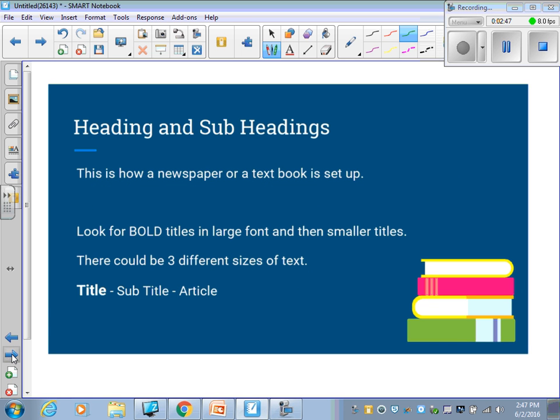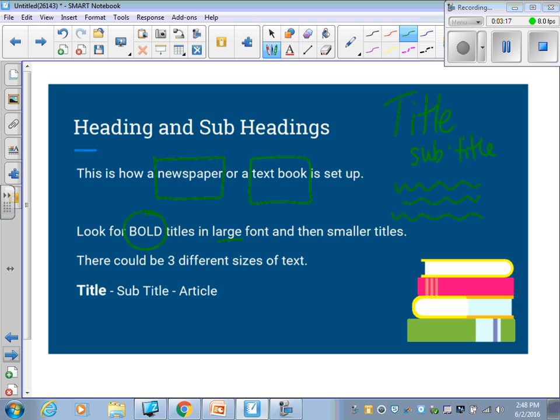We have headings and subheadings. This is another organizational tool, and this is how you're going to see a newspaper or a textbook set up, where you might have a very large title or some kind of central idea, and then you're going to have a subtitle or a subheading, and then you're actually going to have the article. So look for things in bold.